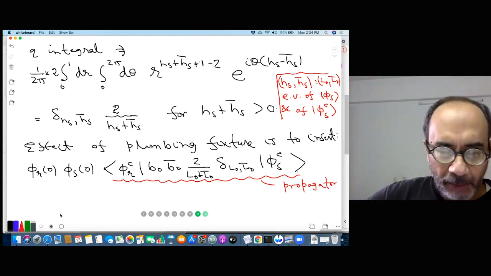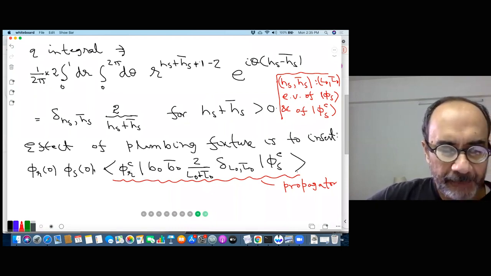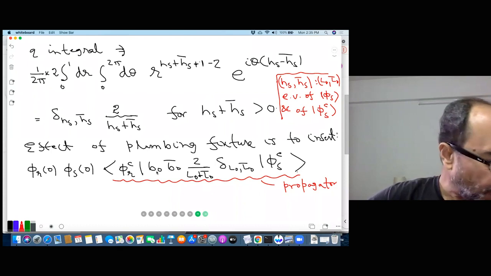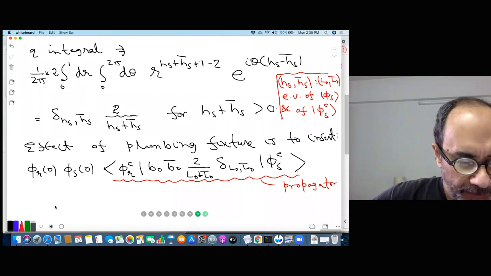Okay. But now we see that the effect of plumbing fixture inserts this into the amplitude, and can be regarded as a Feynman diagram as follows. So we can think of this as the Feynman diagram of the following form.